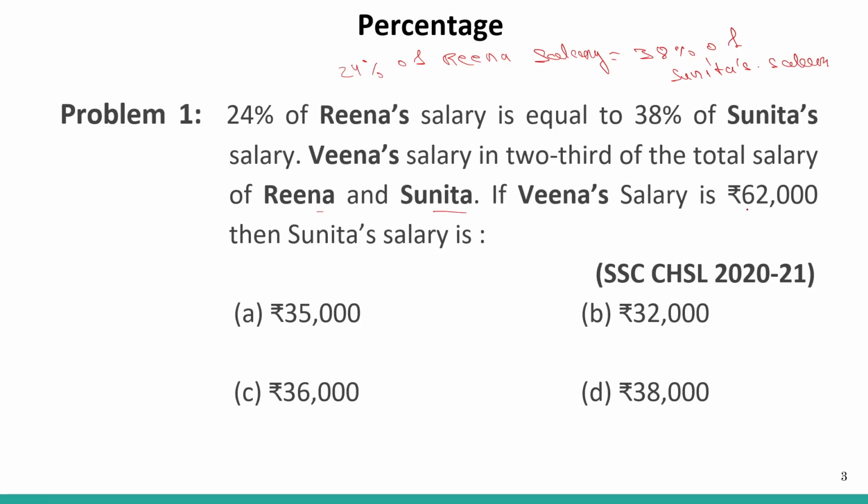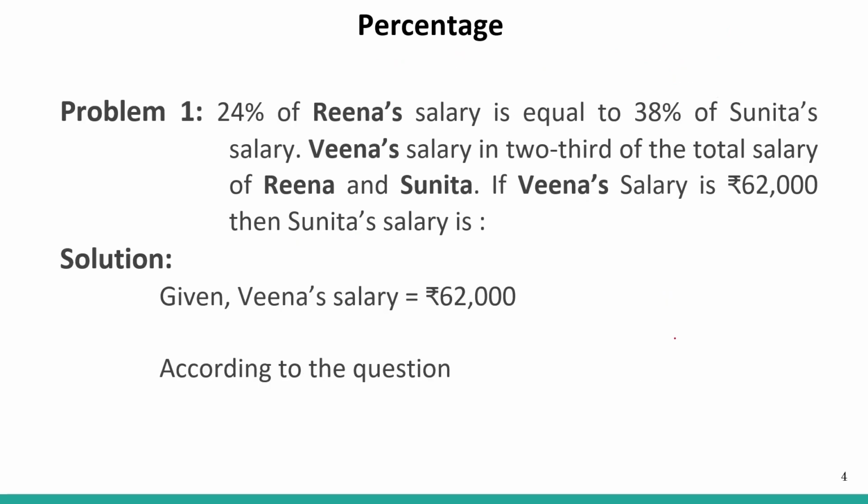If Vina's salary is 62,000, then what is the salary of Sunita? Is it 35,000, 36,000, 32,000 or 38,000? Let's see. This question appeared in the 2020-21 CHSL SSC exam. So let's see the solution.